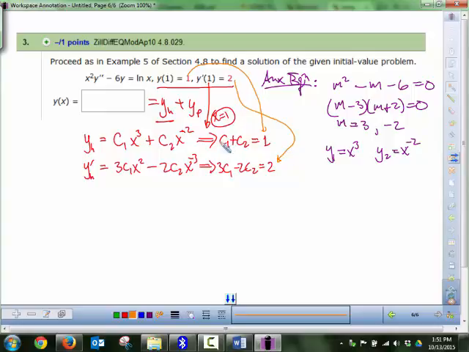I would multiply the first one by 2 and then add it. So this would be 5c1 is equal to, I multiplied the top one by 2, and then I added it, so 2 plus 2 is 4. So c1 is equal to 4/5. c2 is equal to, if this is 4/5, then they have to add up to 1, so c2 must equal 1/5.